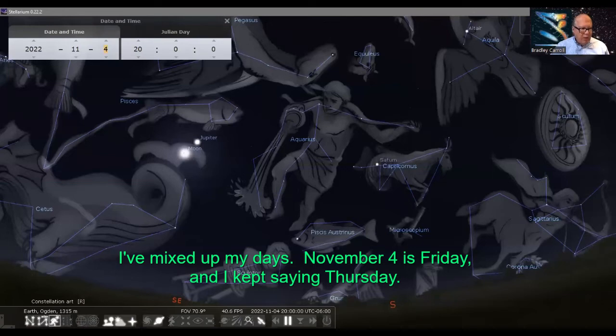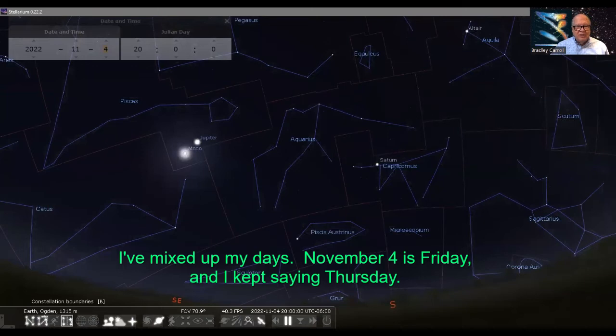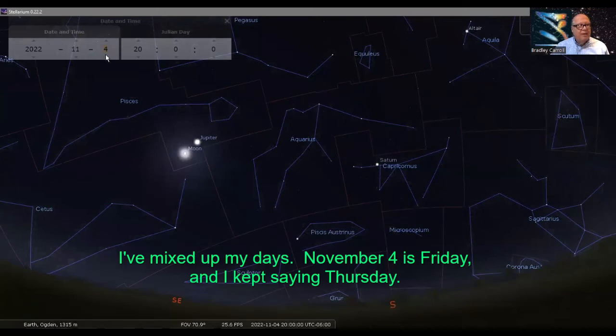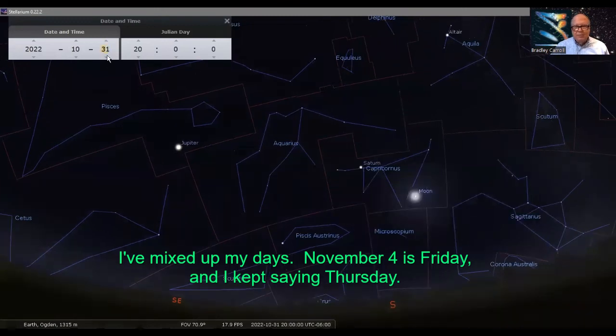And I might be wondering, well, how do I know what constellation they're actually in? Well, I can put up the constellation boundaries. The sky is divided up into 88 constellations. And who decides on what these boundaries are?